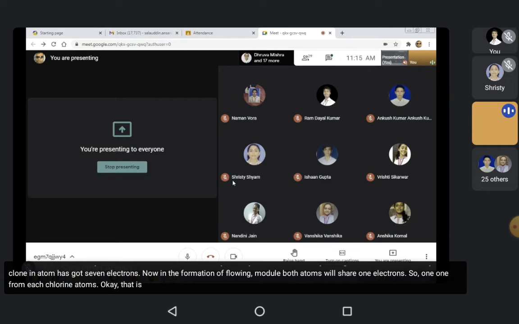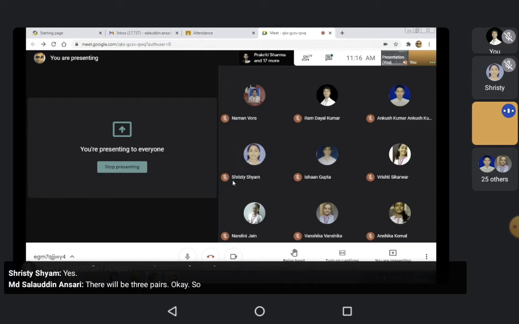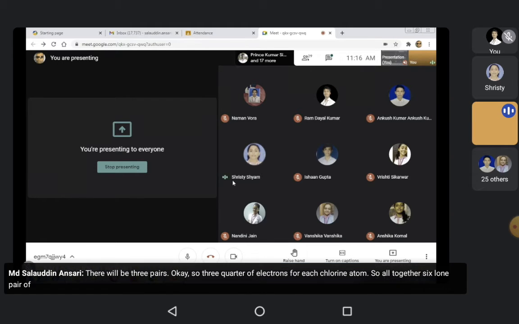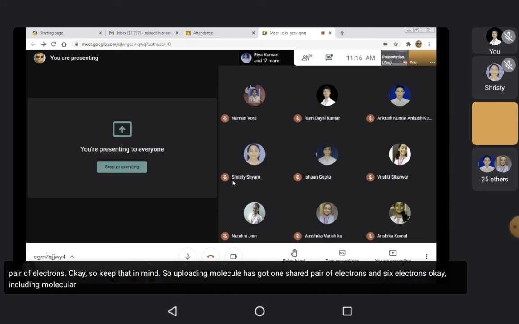That is shared, so one shared pair of electrons. The remaining 6 electrons of each chlorine atom will form pairs. So there will be 3 pairs. So 3 lone pairs of electrons for each chlorine atom, altogether 6 lone pairs of electrons. Keep that in mind. So a chlorine molecule has got one shared pair of electrons and 6 lone pairs of electrons.